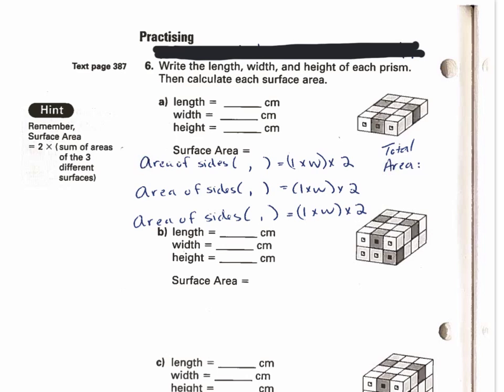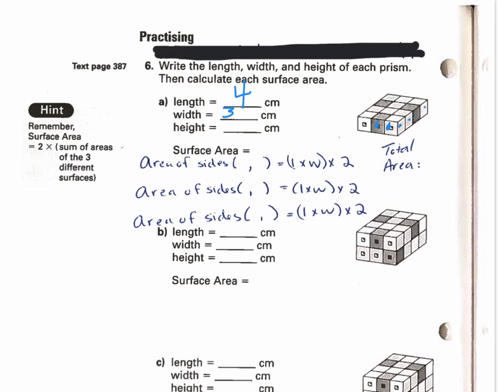I'm going to do one practice question with you, and then you're going to practice. We're going to calculate the surface area of these rectangular prisms. First of all, let's calculate the length. 1, 2, 3, 4. Width, 1, 2, 3.